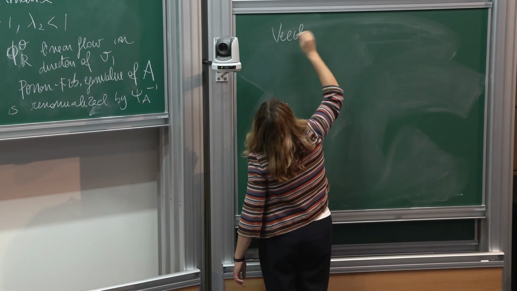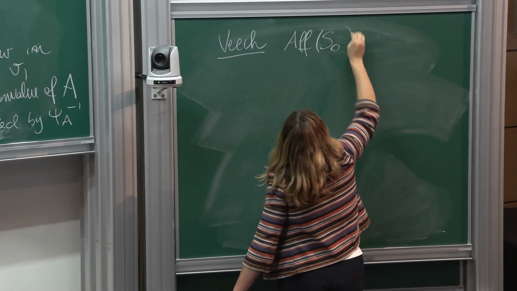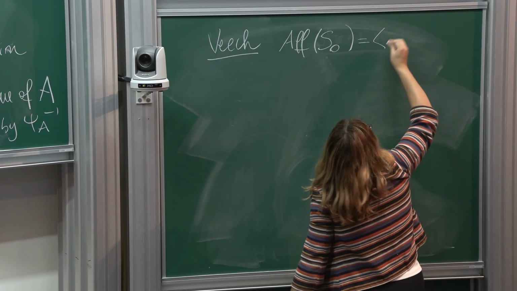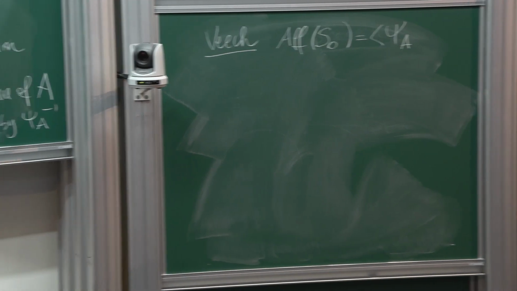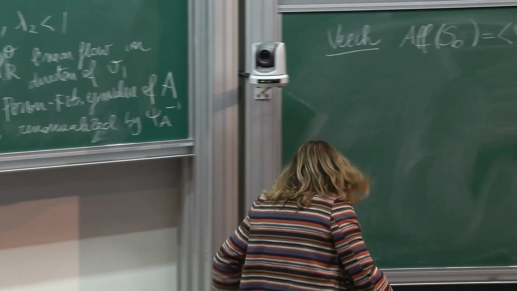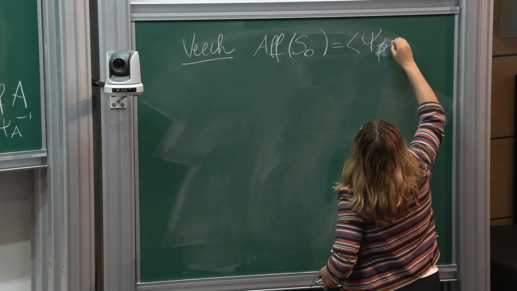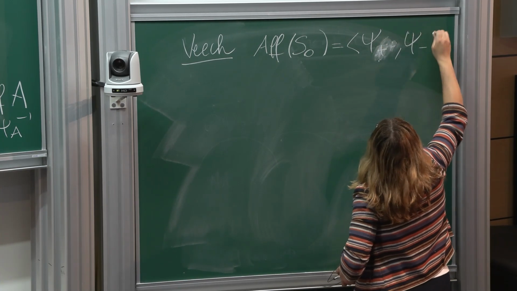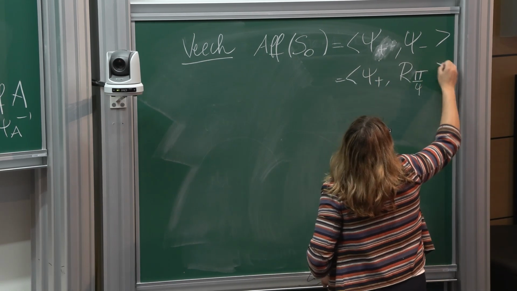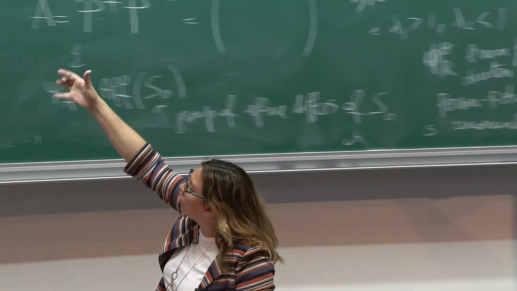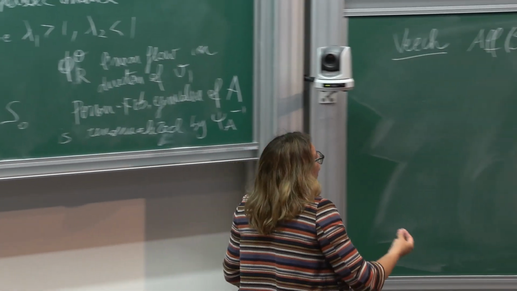So Veech proved that the group of affine automorphisms of this surface obtained from the regular octagon is generated by psi minus and psi plus, or if you prefer, you can take one of them and the rotation by pi over 4, which is also an isometry of the octagon, so in particular also an affine automorphism.